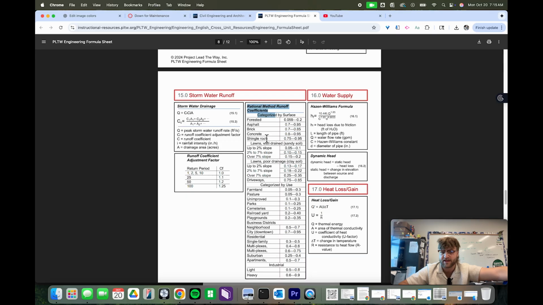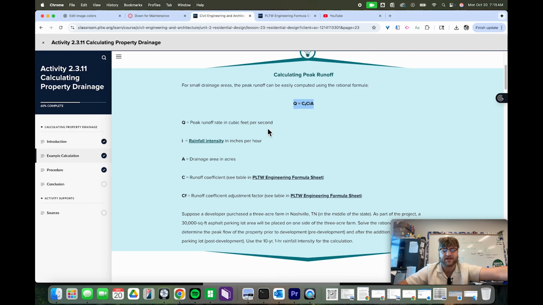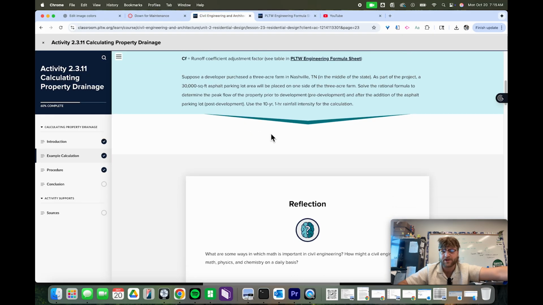So if it's farmland, for instance, you'll see that we have this range of values. And so what we're going to end up doing is take the average of those two values. So it'll be 0.05 plus 0.3, which gives us 0.35, which is going to be approximately 0.175, I believe. But that's our breakdown. It's good to know the equation sheet and where to be looking.